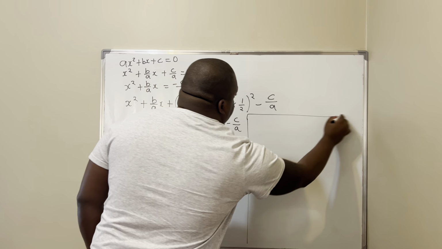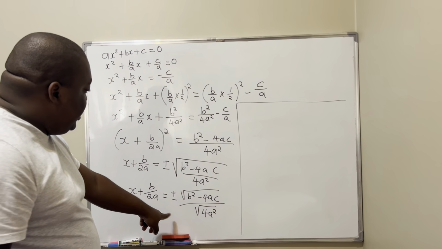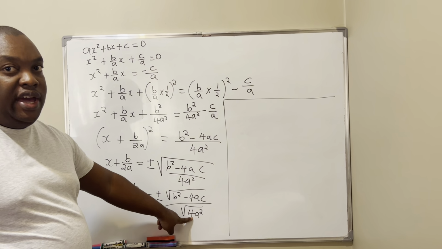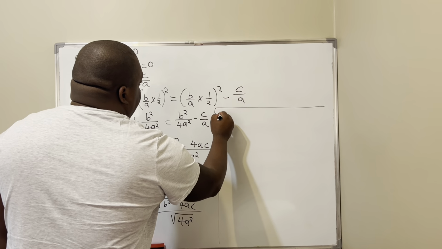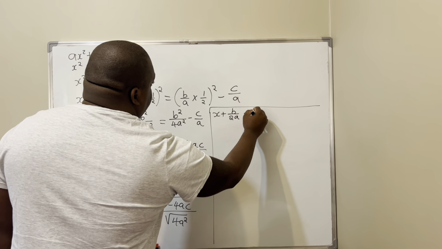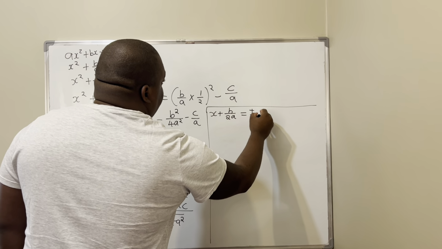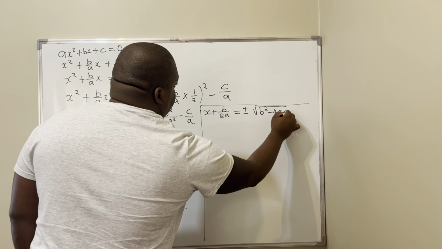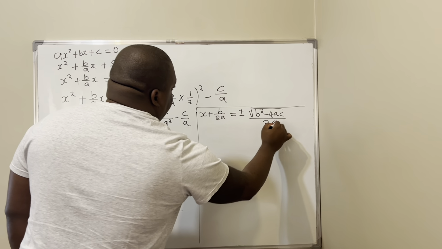If we take the square root of 4a squared, it will be 2a. So we'll have x plus b over 2a equals plus or minus the square root of b squared minus 4ac over 2a.